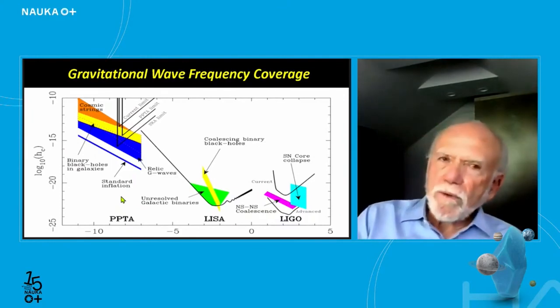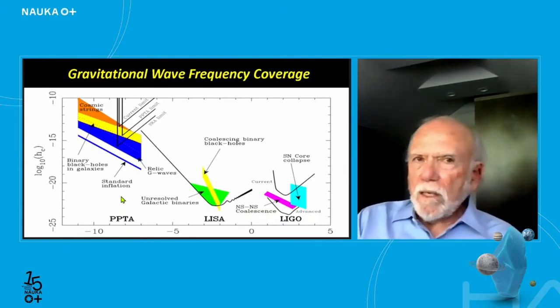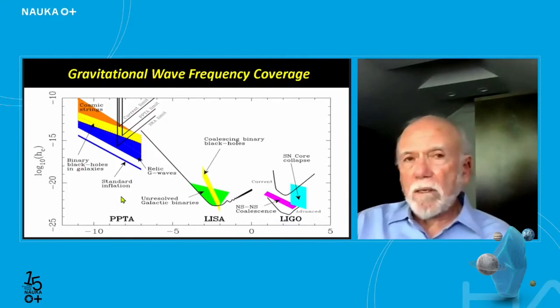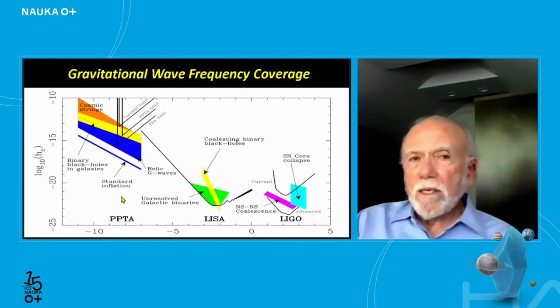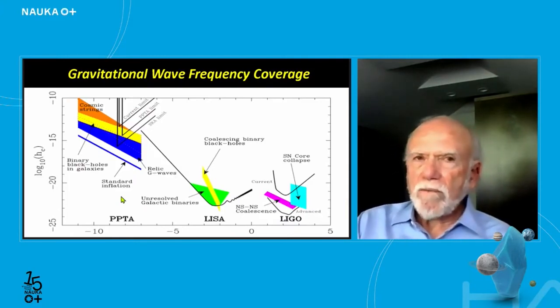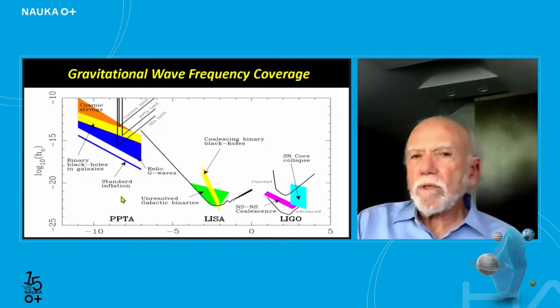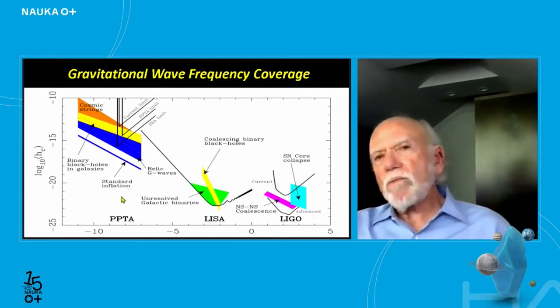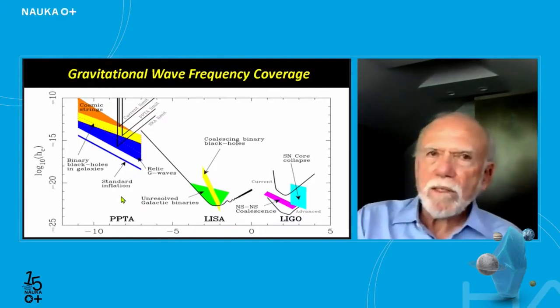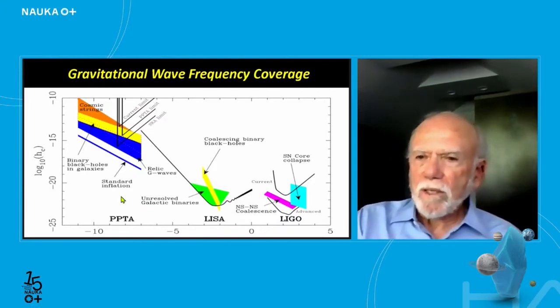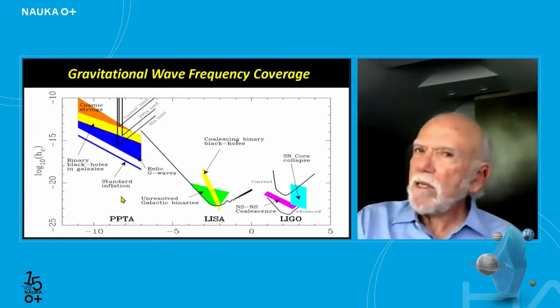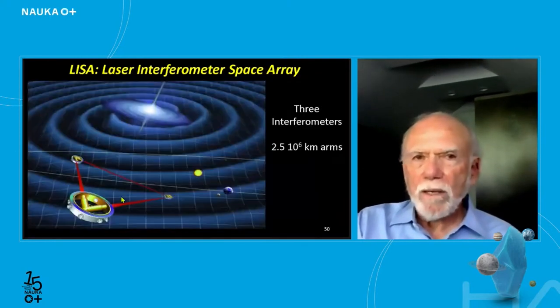And at even lower frequencies, there's a scheme being put together and tested to do pulsar timing, the timing of signals that come from pulsars, which would be distorted by the presence of a gravitational wave. Once we can cover all the frequency bands, then we'll be very much like optical astronomy, able to study the universe in a really new way.